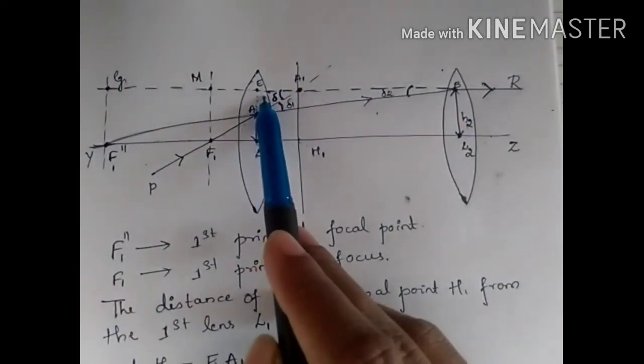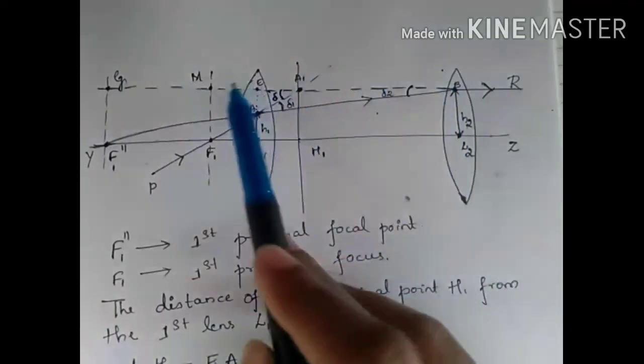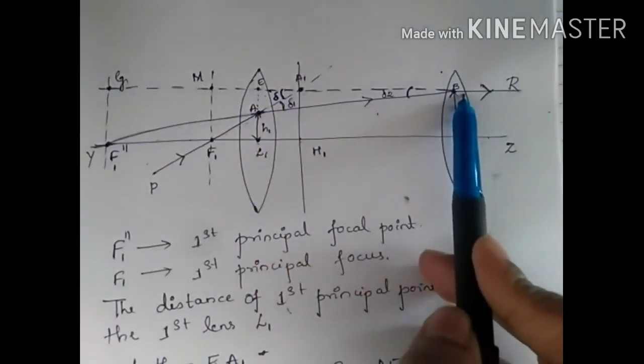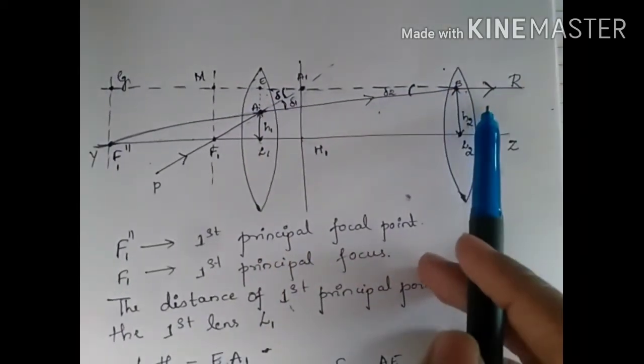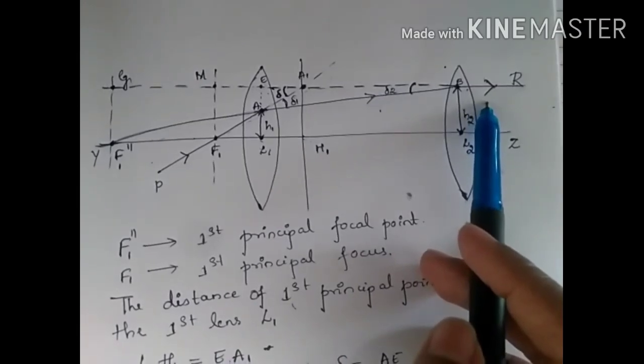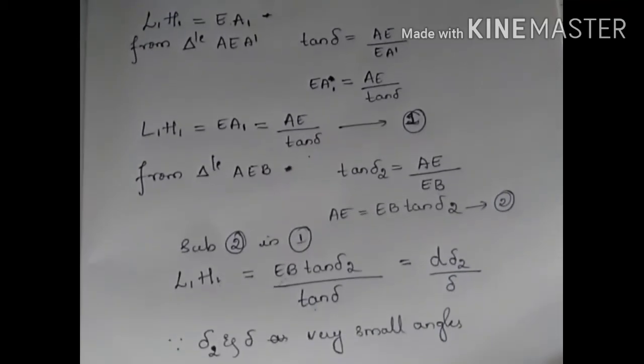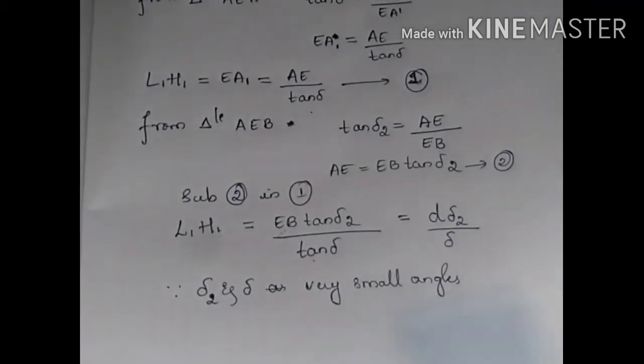So E is here and B is here. So this here is the separation distance between two lenses. So now with this we can write EB tan delta 2 as d delta 2 and tan delta as delta.